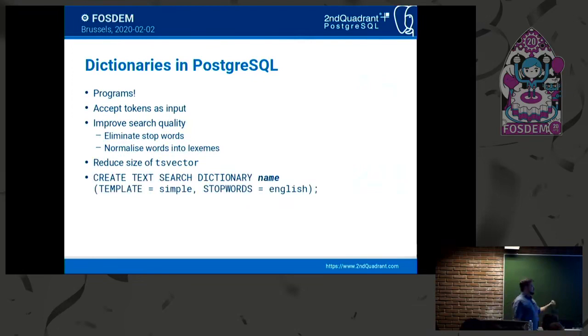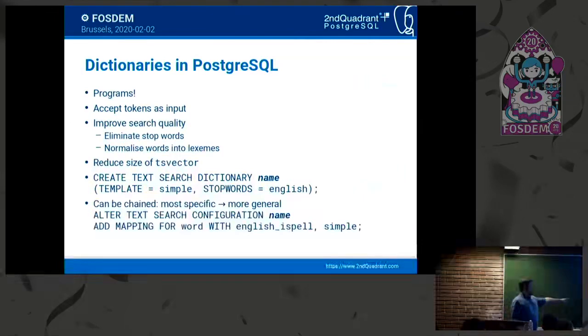And you can use search dictionaries by create text search dictionary name. You can choose one of the many available templates. Simple doesn't attempt to do anything smart. It just separates words by white space, which is useful if you want to match like proper names that are not words in any language. And you can also define the set of stop words for your text search configuration.